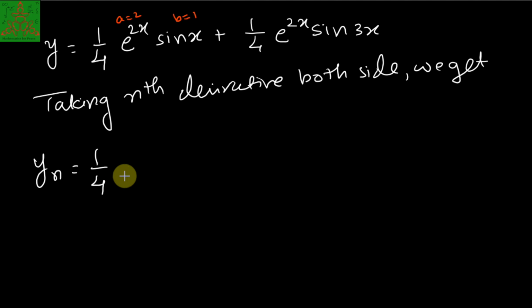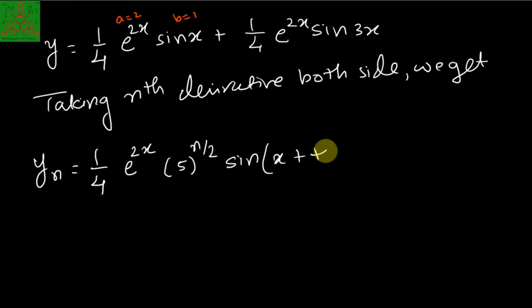So as per the formula, e power 2x is there, then it is r power n, but r is a square plus b square, so it is 1 square plus 2 square, that will be 5, which will give you 5 raised to n by 2 sin x plus tan inverse of a is 2, b is 1, so it is 1 by 2.